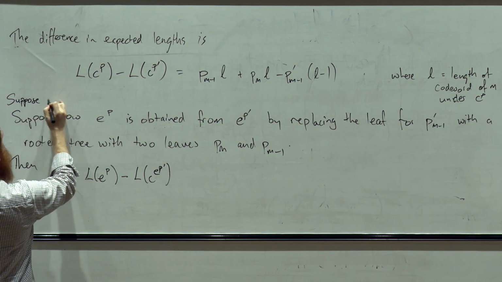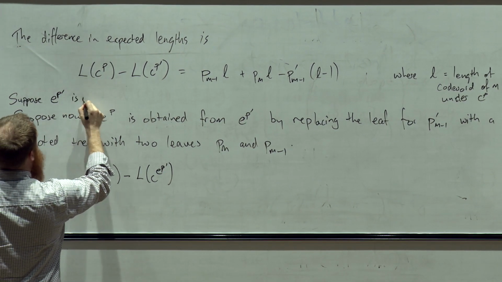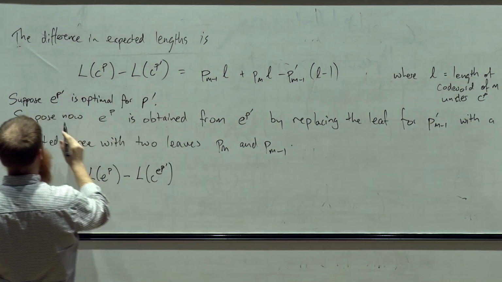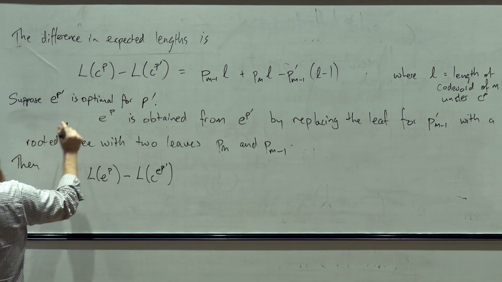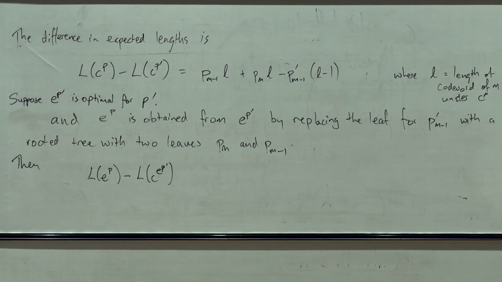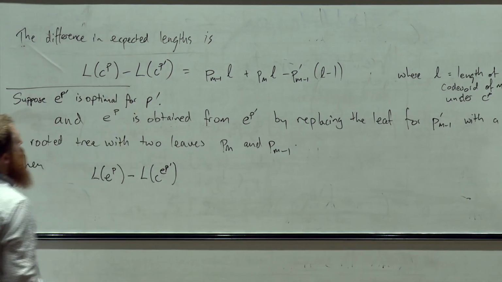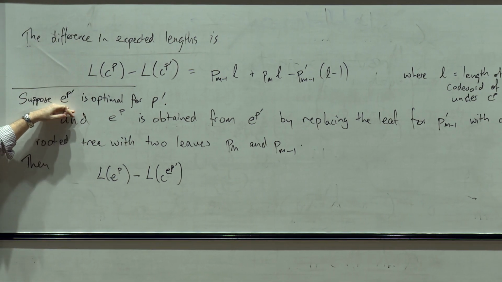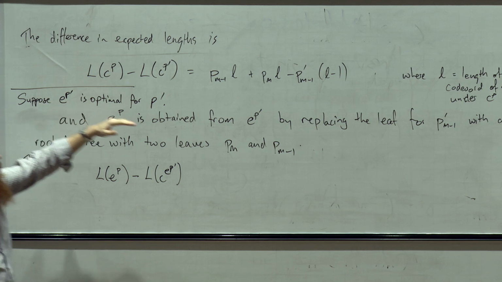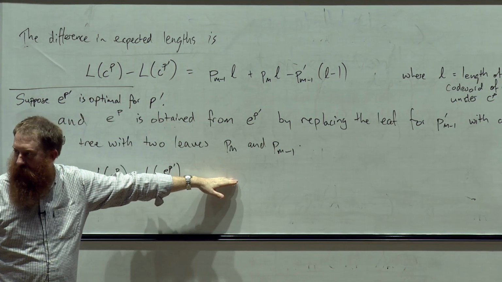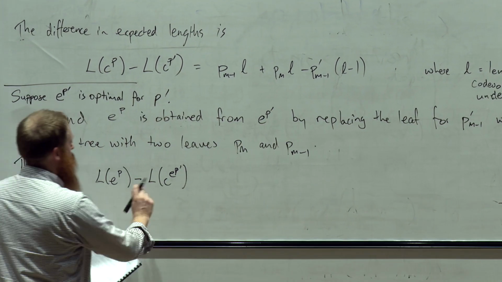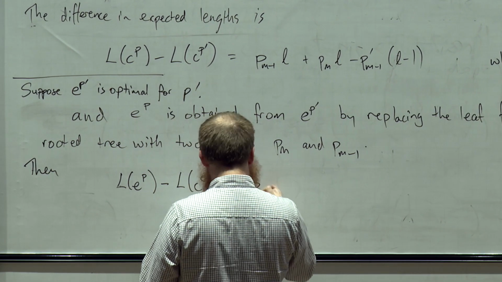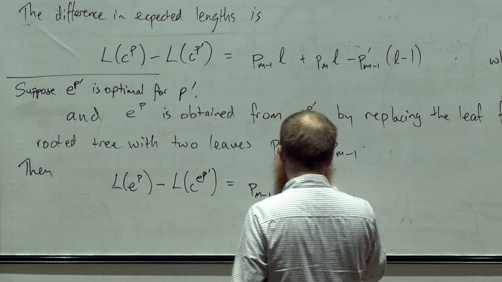Suppose Ep prime is optimal for P prime. And that's better. So what I do now, okay, I've computed this. Now I say, let's start with something which we know is optimal for the smaller case. Expand the last leaf out. Okay, so now I can compare my code word lengths again. Well, the difference is just pm minus 1 plus pm.